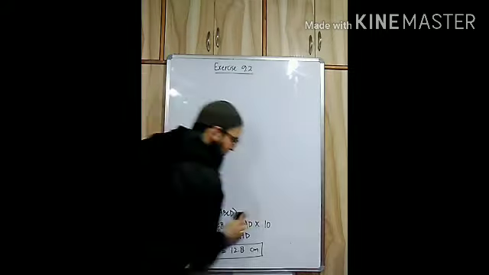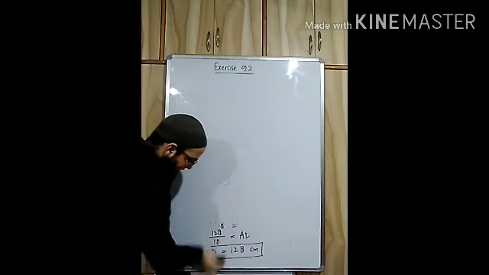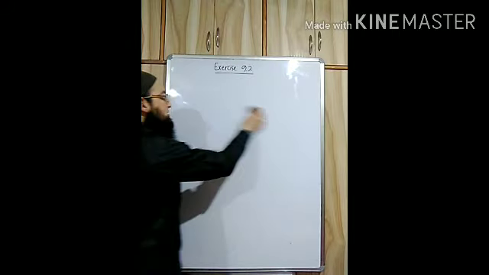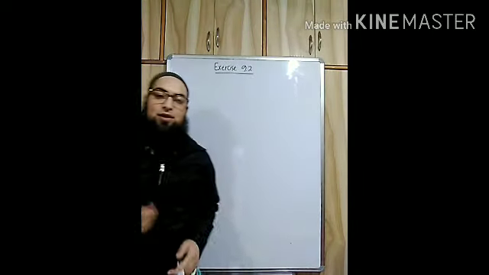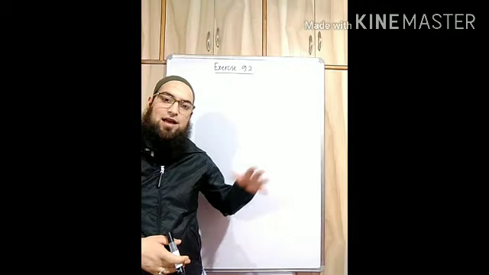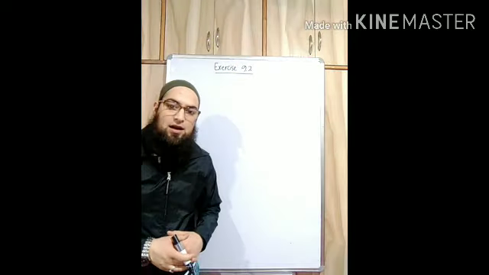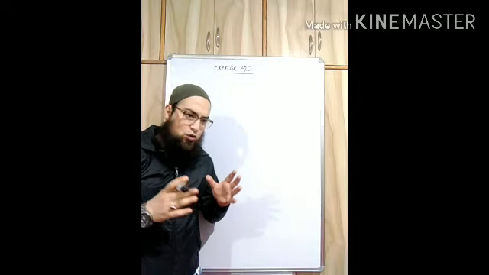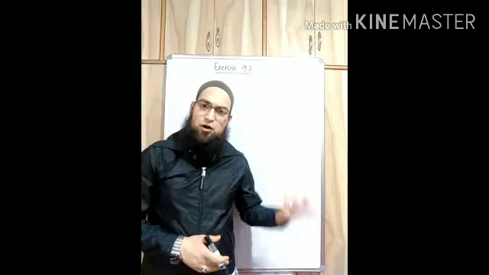By using the previous theorem, that parallelograms on the same base and between the same parallels are equal in area, and using the corollary that a rectangle and a parallelogram on the same base and between the same parallels are equal in area, you can prove different formulae. Like you can prove area of parallelogram is equal to base times corresponding altitude, which we already did.